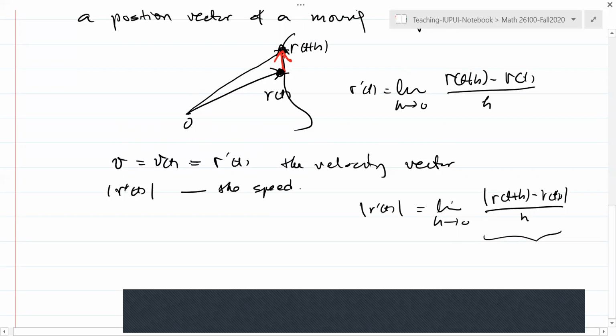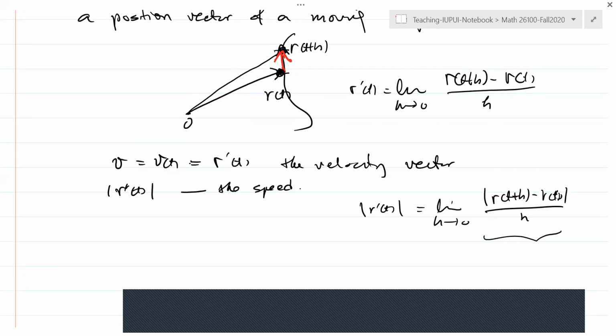So that distance divided by the time should be understood as a speed. If you don't see the orbit, just in the space, you record the position of the moving object at time t, then you look at the position of this object at time t plus h.